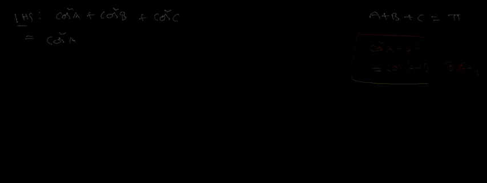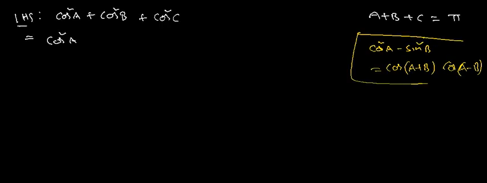So I want to change the second term in terms of sine. How? Just by writing 1 minus sine square B, right?